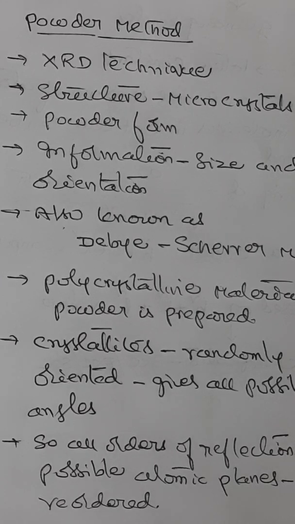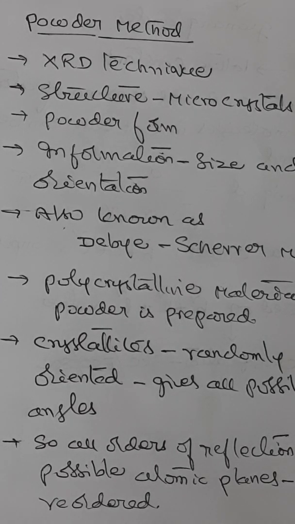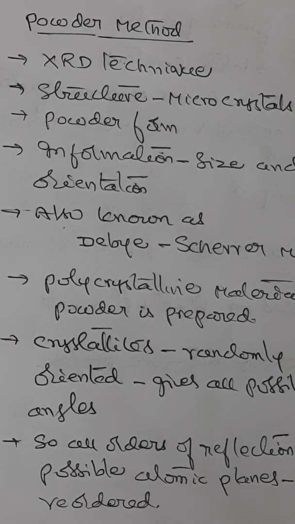I am just recapping for your benefit. The crystal whose structure is to be studied in powder X-ray diffraction is prepared by crushing the polycrystalline material so that it consists of crystallites. That means the structure is studied in the powder form.